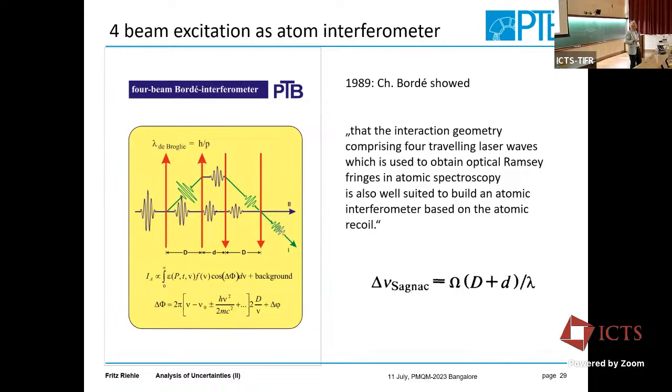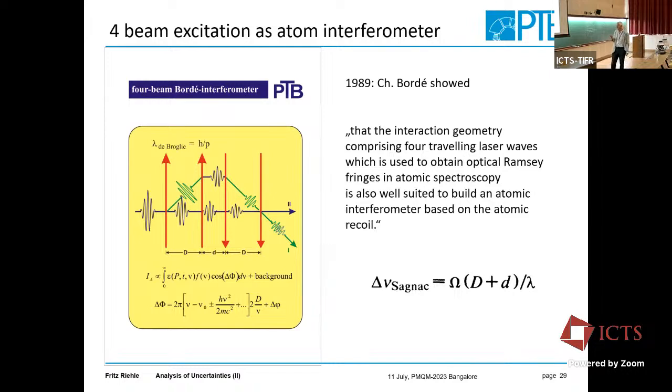So we have a beam splitter for atomic waves. And the next one does the same thing. There would be a beam splitter here and a beam splitter here. I did not write all the things, but in effect, you have an interferometer. And you look for the Ramsey resonances at the output.